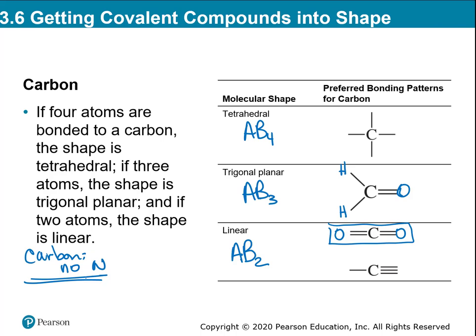So carbon will have 4 single bonds, a double and 2 single bonds, or 2 double bonds. It could, in theory, have a triple bond and a single. See how that's still AB2? So this is the one that we did that was cyanide. Triple bond to the nitrogen and then a single bond to the hydrogen. But it's still AB2 because it's got just 2 groups connected to it.